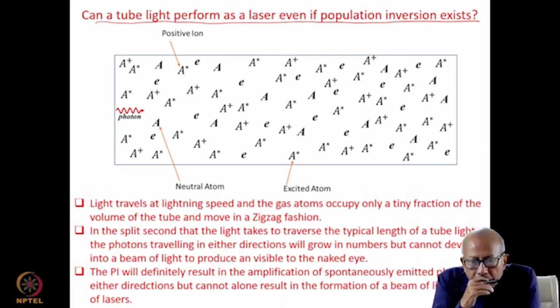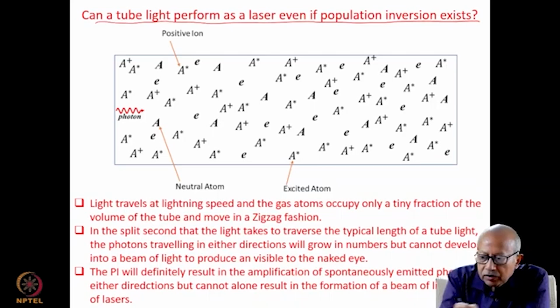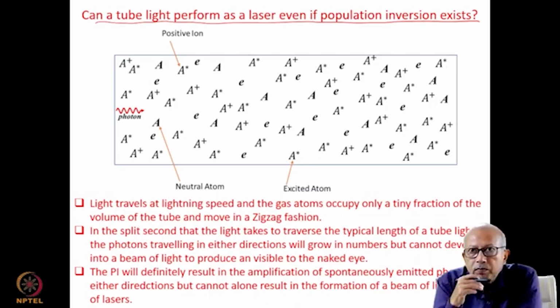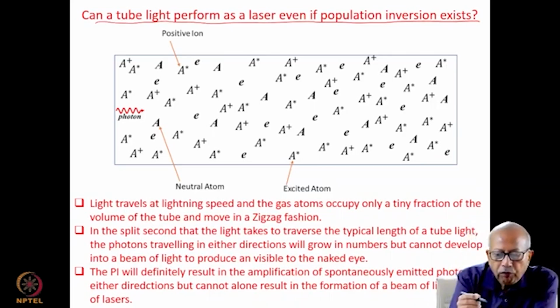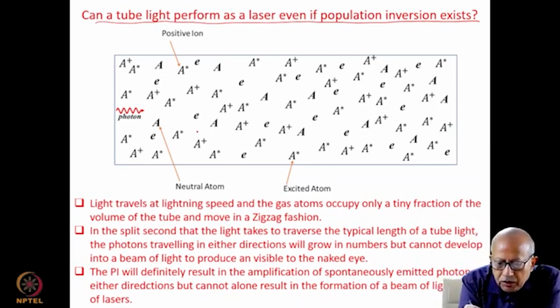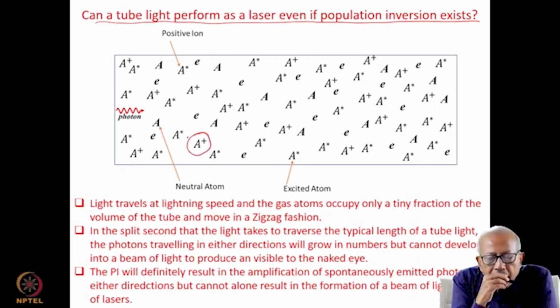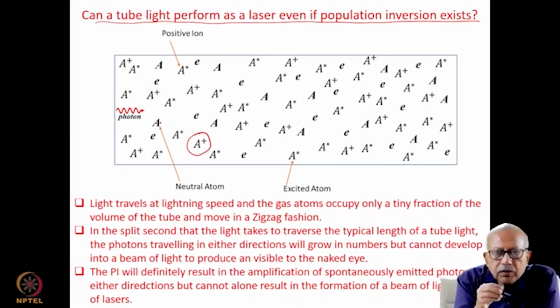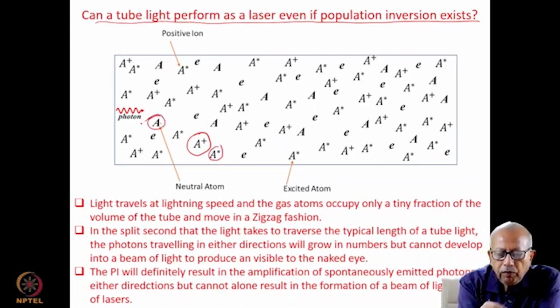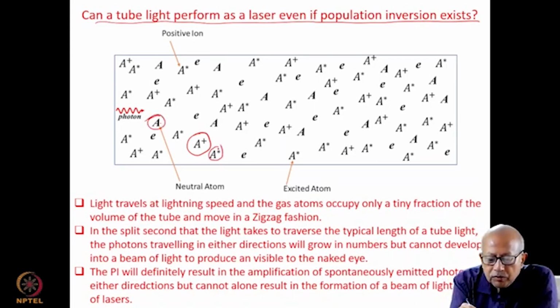We now know that discharge in this fluorescent tube manifests through the creation of a fraction of positively charged ions from the neutral atoms, and another fraction of these neutral atoms is driven into the excited state.